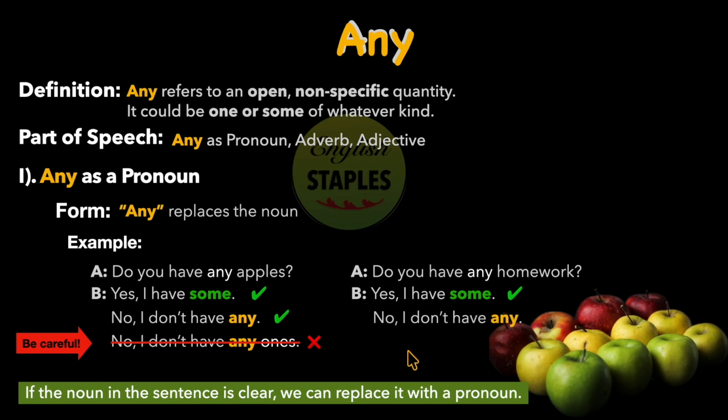Or B could have responded, no, I don't have any. That too is correct. So here in the negative, we see any is the substitution for homework.